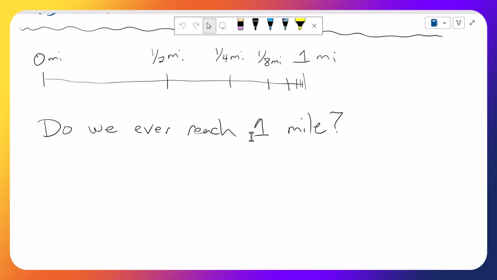And this can actually be represented by an equation as well. So if we do 1/2 to the n, f of n equals 1/2 to the n.